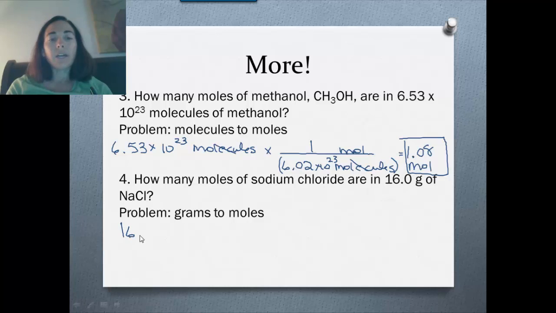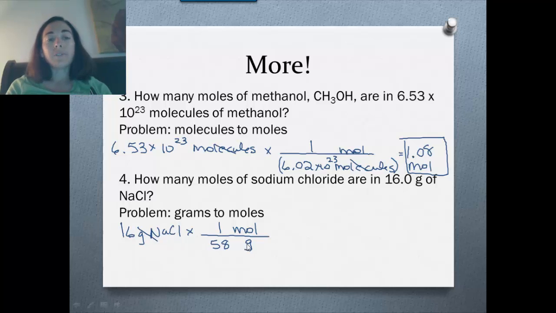I'm going to go ahead and write down my 16 grams. And we know we have to convert it to moles. So I'm going to put the unit mole on top and grams on the bottom. 1 mole is 58 grams. I got the 58 from adding together the atomic mass of 1 sodium atom and 1 chlorine atom from the periodic table.